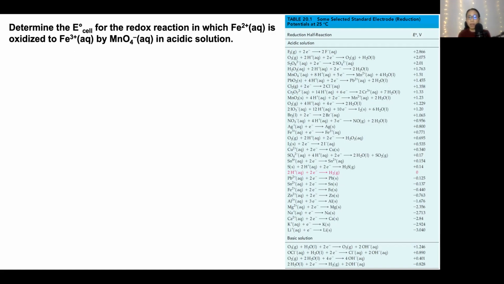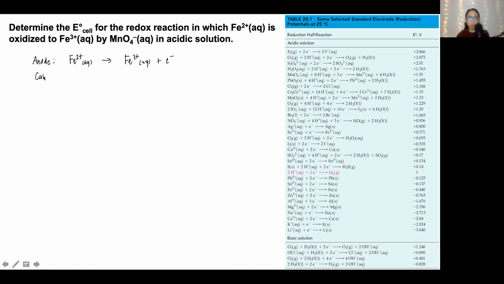So here we see that the reaction is in acidic solution. So we will focus on the acidic part of our table. So we are looking at the oxidation of iron 2 plus to iron 3 plus. That means in our anode, the reaction is Fe2 plus forming Fe3 plus and 1 electron.